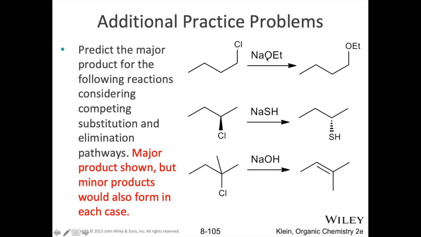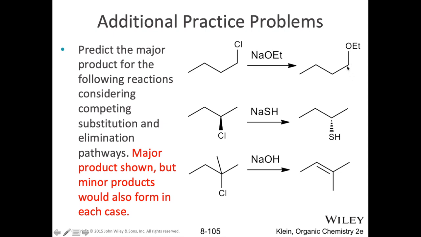Here we have a strong nucleophile, sodium methoxide, so that's methoxide with a negative charge, and it's going to displace. We're dealing with a primary substrate here, which we know is going to favor SN2, and so that's what we see.